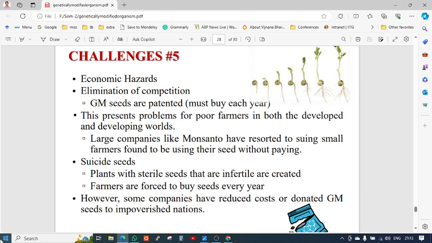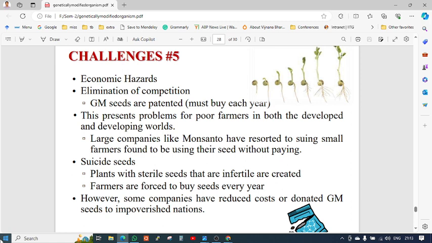in the first year they give low prices. After some years they suddenly increase the prices, because the farmers cannot produce the new variety or next generation from the seeds of this old GMO.